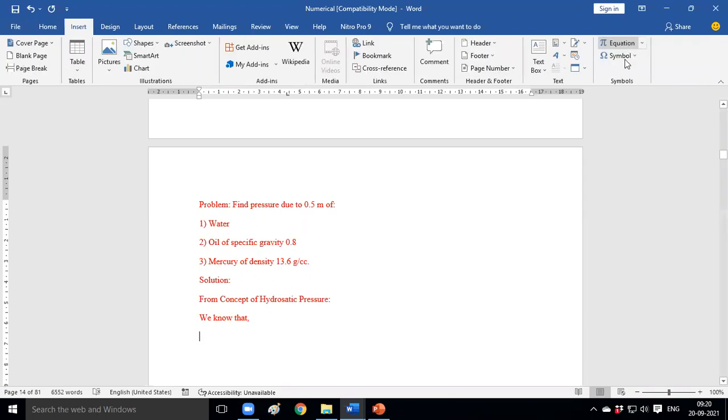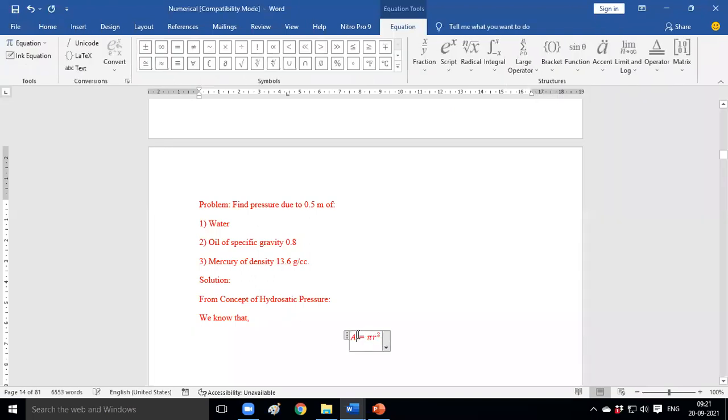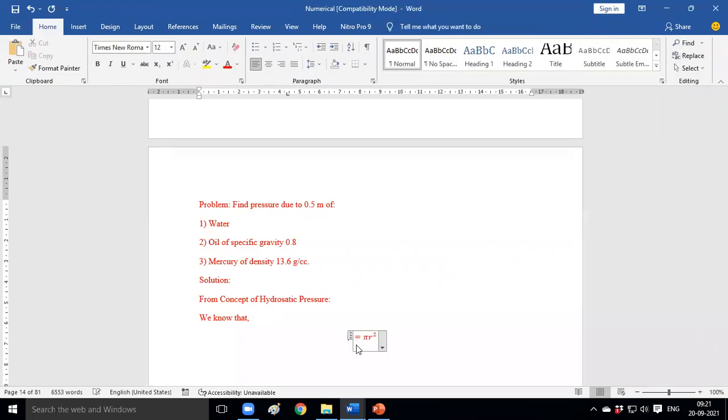Rho gh is the general equation for hydrostatic pressure. So we need to insert that equation. We can call this pressure the hydrostatic pressure, which is equal to density multiplied by gravity multiplied by height.